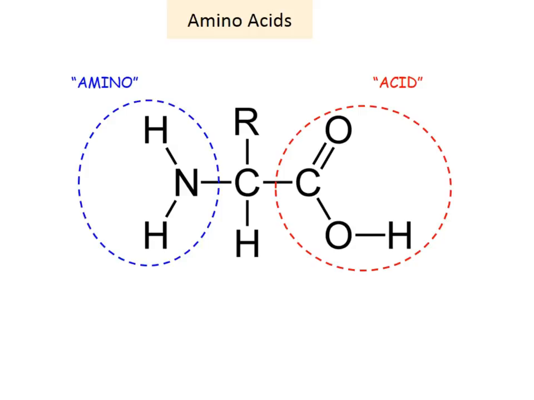Traditionally, what will actually happen in solution is the amino group will serve as a base, like we've learned that amines like to do, and it will take a proton from water, and it'll actually be an NH3 group with a positive charge. And the acid group will actually donate its proton to water, so it will exist in aqueous solution as a COO minus group.